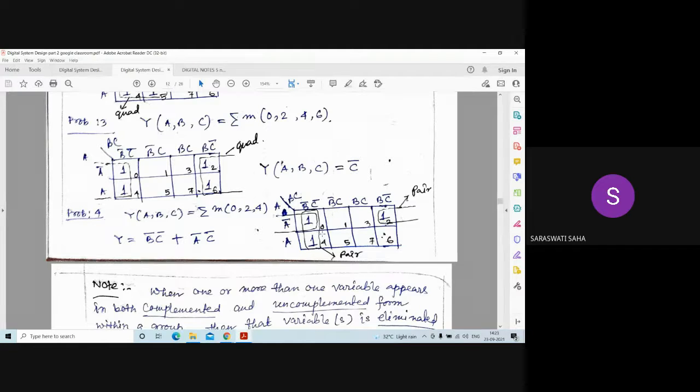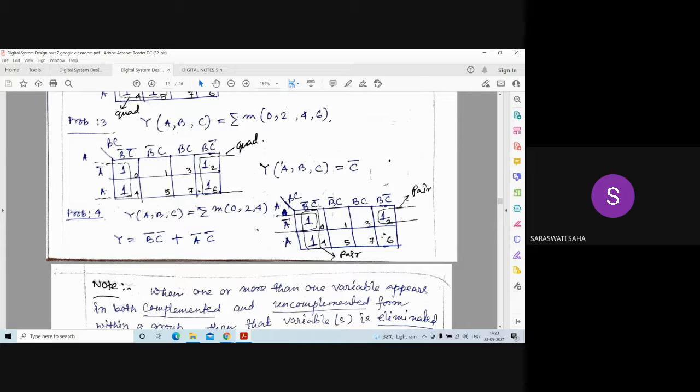Why not consider this one as a single term? The answer is, if we take the pair, we can drop out more literals. See, if we take this one as a single term, what will be the result? A, B bar, C.